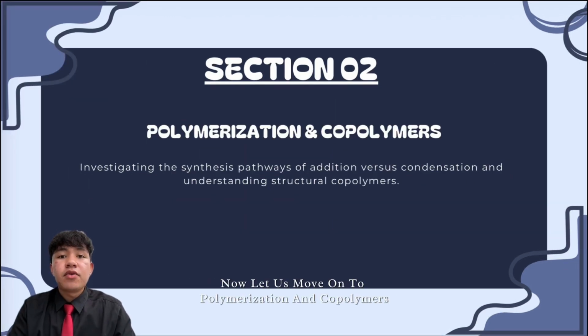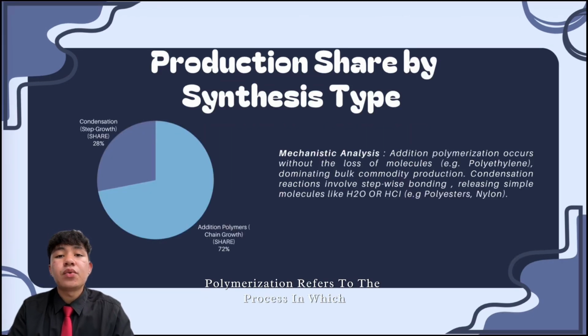Now, let us move on to polymerization and copolymers. Polymerization refers to the process in which monomers combine to form polymer chains. This process is important because it converts small molecules into larger structures that possess useful properties for various applications.